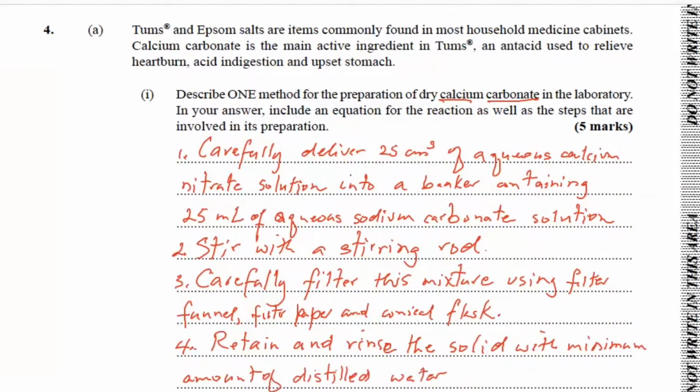And in number 5, we can allow it to air dry, pat in paper towel and allow it to dry in the air, or we could put it in the oven on low heat until dry.